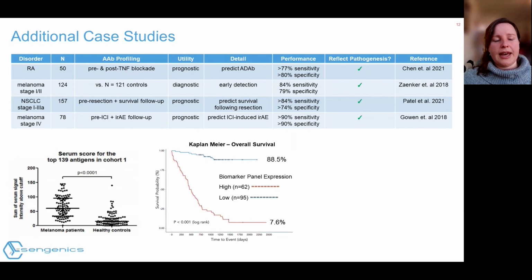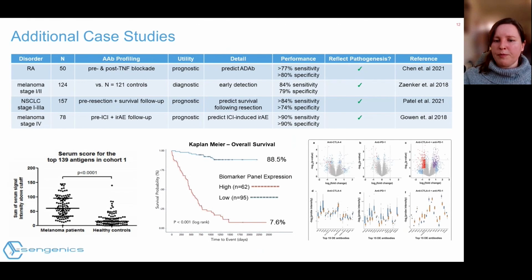Finally, if we look at later stage melanoma, in that case, the autoantibody profiling was done before immune checkpoint inhibition, and the patients were followed up for immune-related adverse events. And the antibody panel that resulted was able to predict immune checkpoint inhibitor-induced immune-related adverse events with greater than 90% sensitivity and greater than 90% specificity.